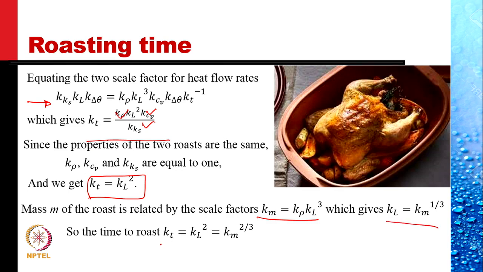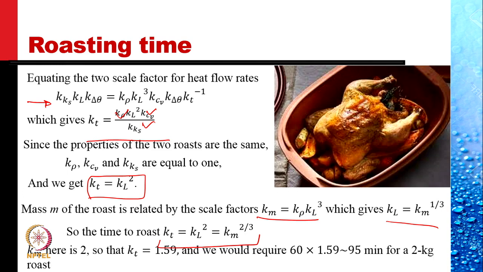So that Kt, the time to roast, should vary like K mass raised to power 2 by 3. Km here is 2, from 1 kilogram which we treat as model to 2 kilogram that we treat as prototype. So Km is 2, so that Kt is 1.59, and this implies that we would require 95 minutes instead of 60 minutes to cook twice the mass of the roast. 1.6 times about. Very interesting.